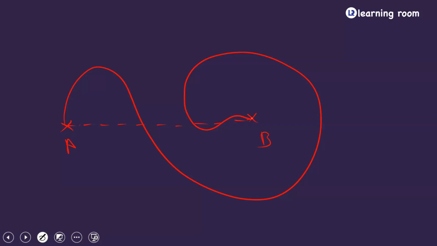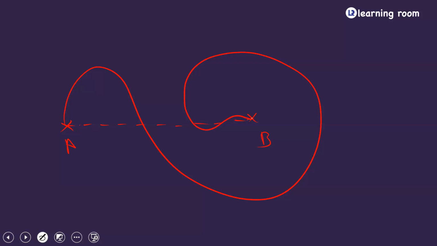Let's say this is the path I took from A to B. I walked round and round in circles, so my distance is the total length that I've traveled along that path. I could have gone in circles, whatever. Finally, I reached B. Displacement is the dotted line, that is the shortest distance between two points.